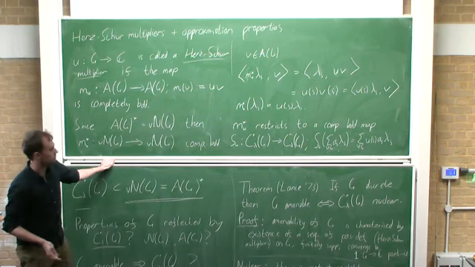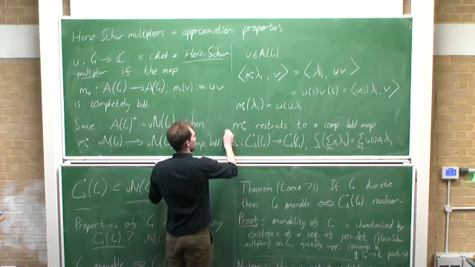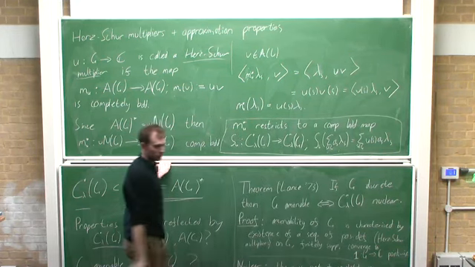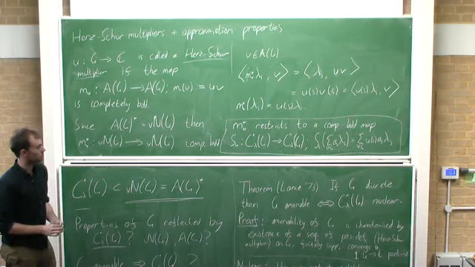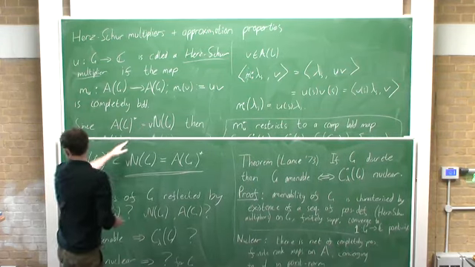So now this is the thing about Herz Schur multipliers that I want to focus on, and returning to Lance's proof.